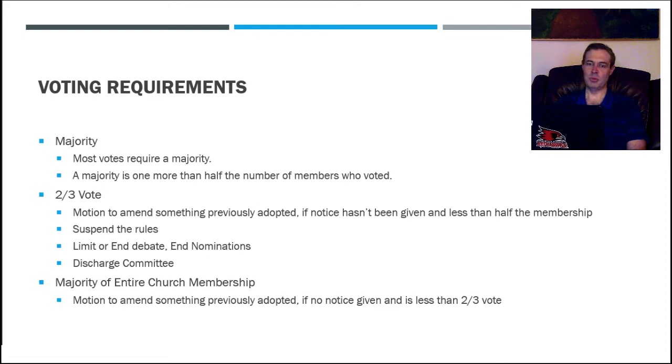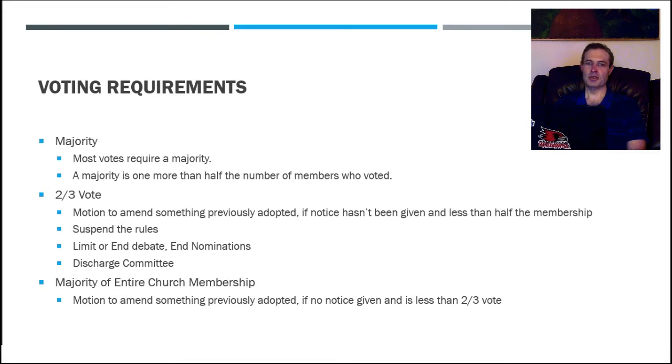So you definitely should not be allowing a motion that would suspend rules that protect absentee members.